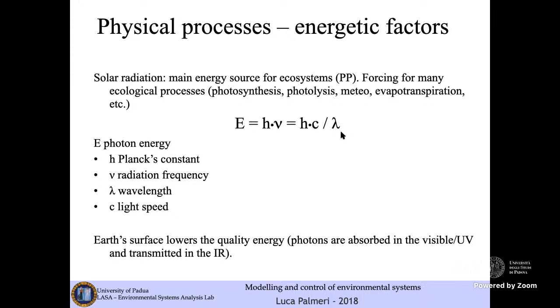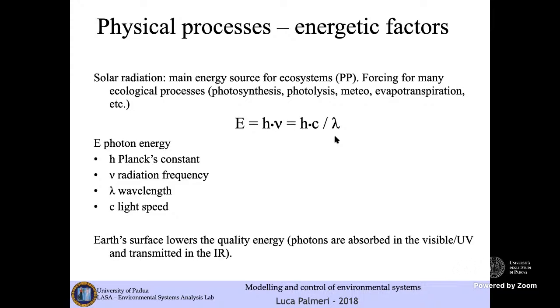So the Earth's surface, we have said, lowers the quality of the energy, so photons are absorbed in the visible and ultraviolet and are retransmitted in the infrared. I think that for now, this way of reasoning should be quite customary to you.